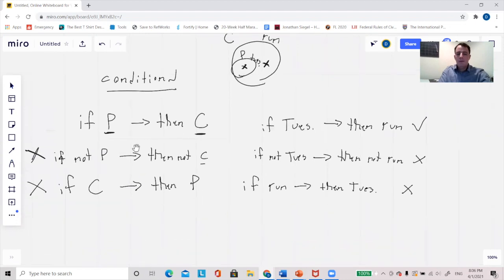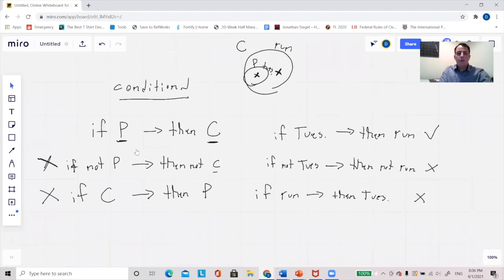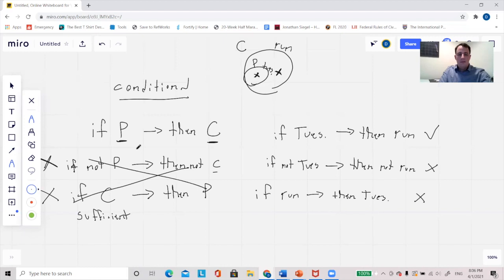And this is where the language of the test comes from, because we call the conditions on the left hand side sufficient, as in they are sufficient for us to know that the other condition is true. If this condition is true, that's sufficient to know that this is true.